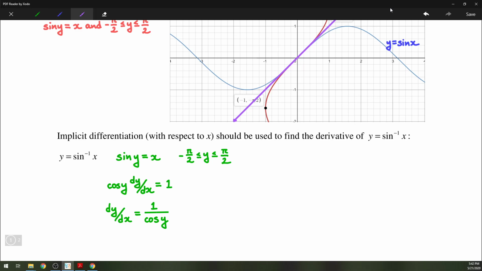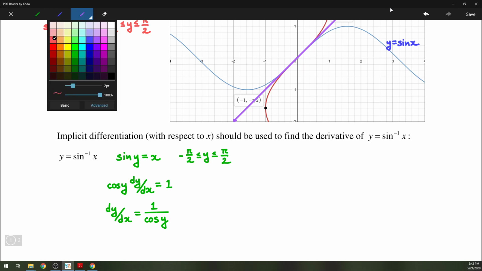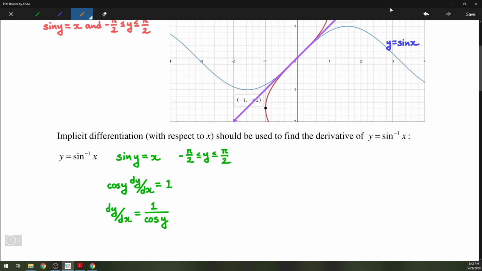Let's see what we can do here. So if we continue, notice that all the trig identities still apply. So we have cosine squared y plus sine squared y is equal to 1, the Pythagorean identity.